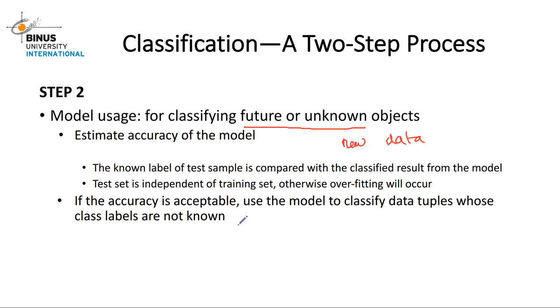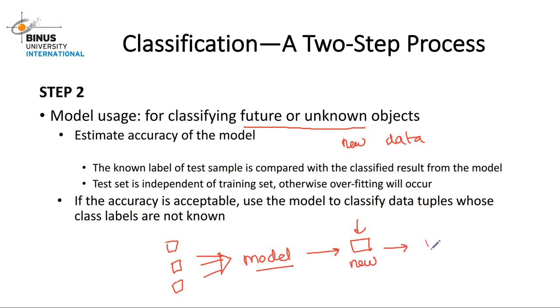Then we estimate the accuracy of the model. If the accuracy is good, then we can use the model. So based on the data, you build your model. You have the model, and then this is new data. You can predict.